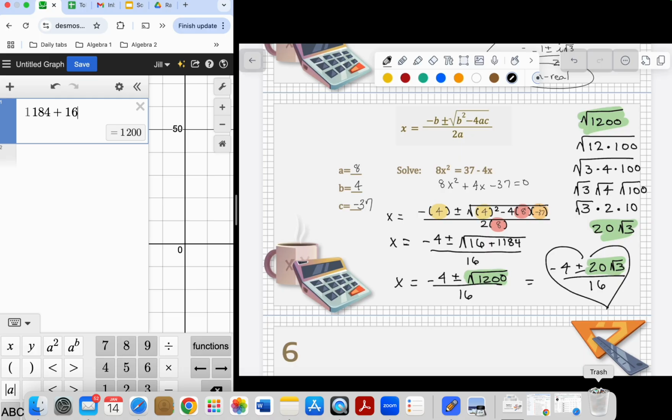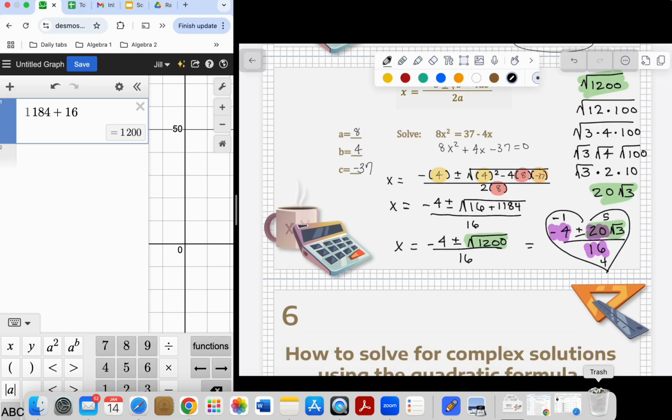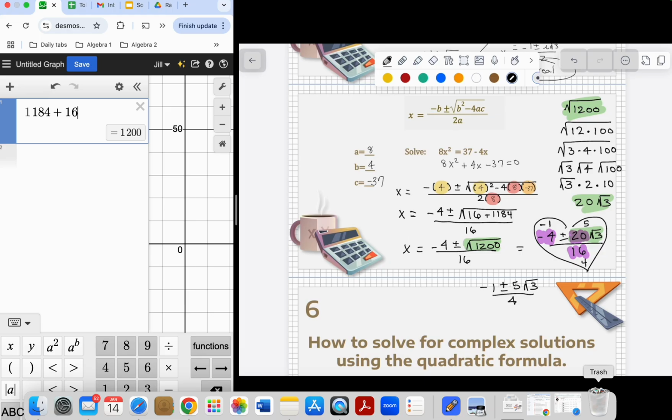So I'm going to take the negative 4 and divide it by 4, and that gives me negative 1. 20 divided by 4 is 5. 16 divided by 4 is 4. So my two solutions are negative 1 plus 5 root 3 over 4 and negative 1 minus 5 root 3 over 4. And it's always a good idea to check this.